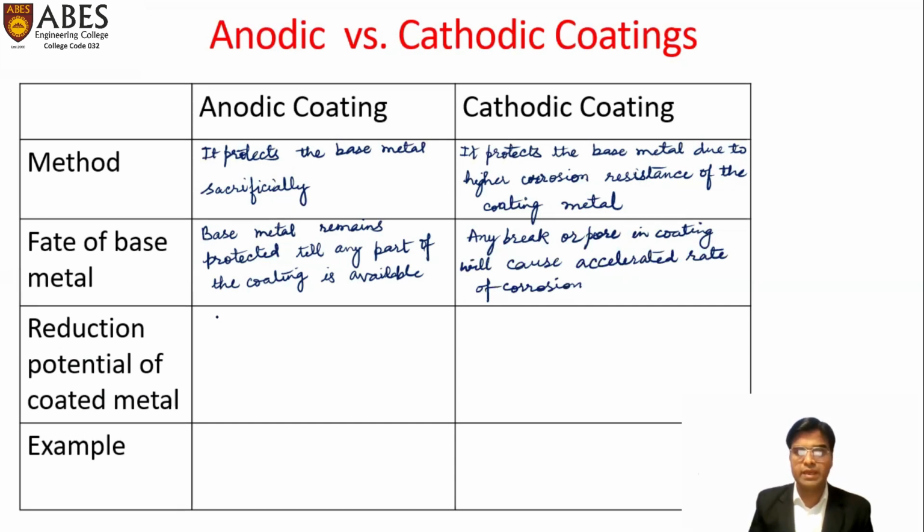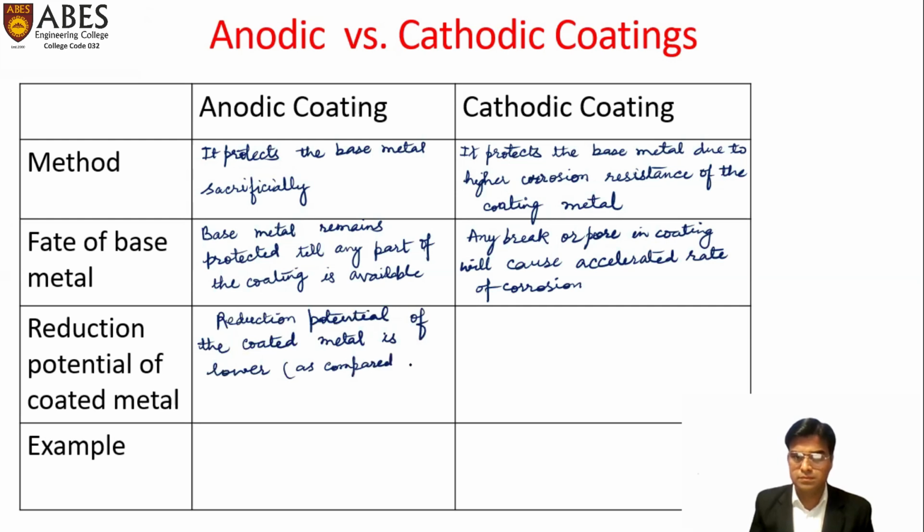So the reduction potential of the coated metal is lower, because the coated metal is working as anode, so it should have low reduction potential.